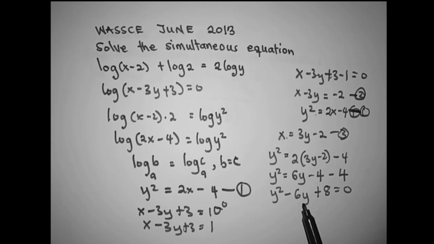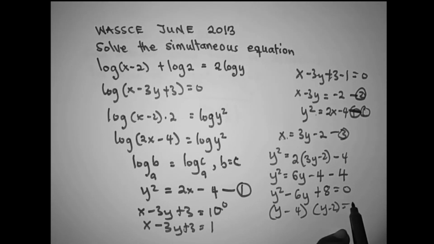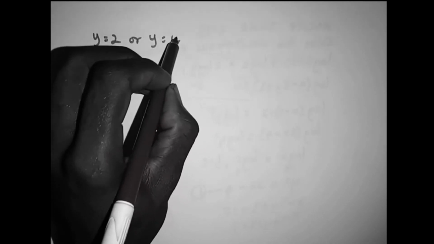Those numbers are minus 4 and minus 2. And therefore, we have in one bracket y minus 4 times y minus 2 equals 0. So y is equal to 2 or y is equal to 4. So the values of y are y equals 2 or y equals 4.